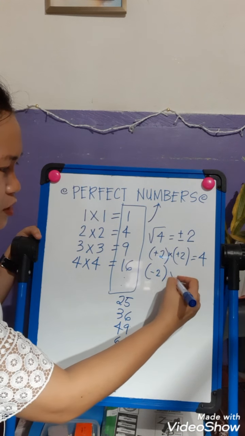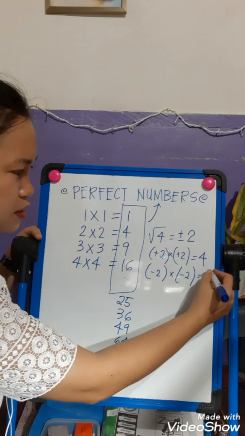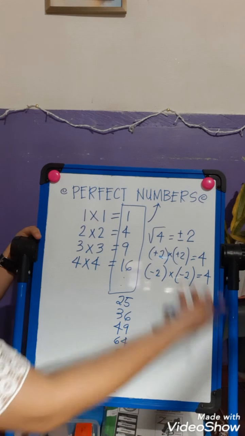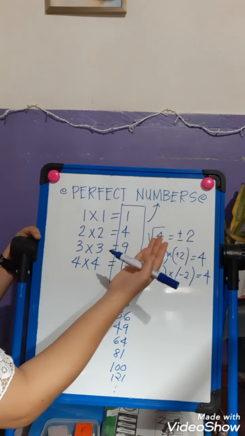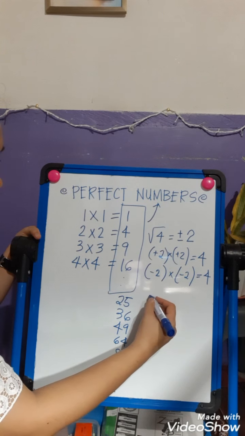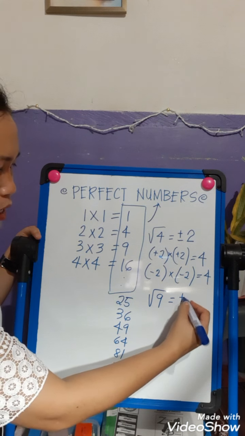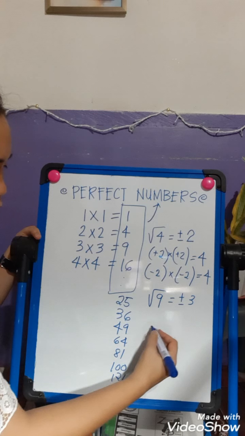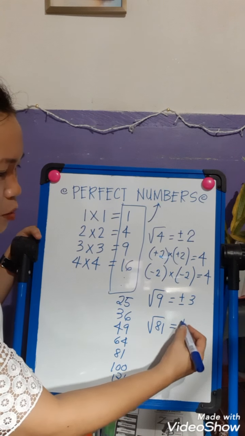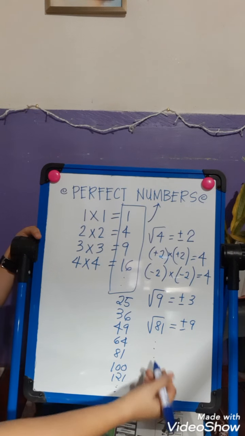Negative 2 times negative 2, still that is positive 4. That is why we have the plus and minus 2 as the square root of 4. The same is true with the square root of 9. That is plus and minus 3. Square root of 81, that is plus and minus 9. And so on.